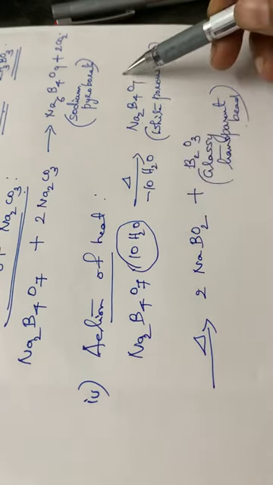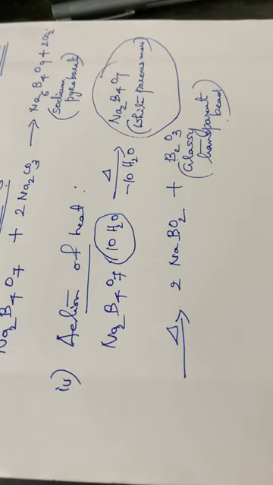This white porous mass, on further heating, gives sodium metaborate as well as boron trioxide, and this boron trioxide is a glassy transparent bead.